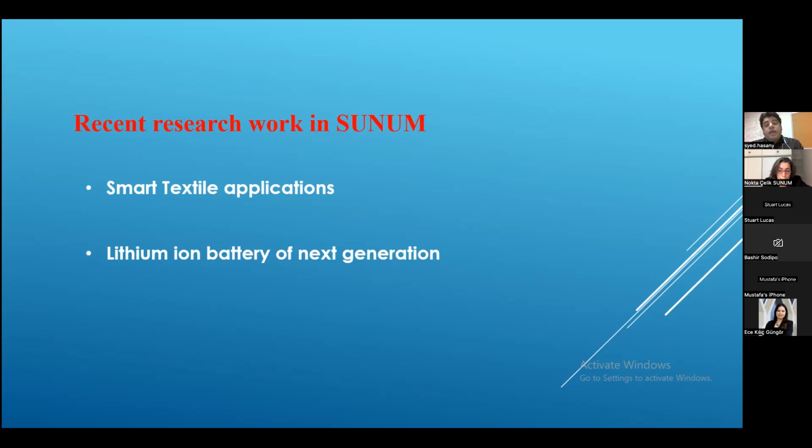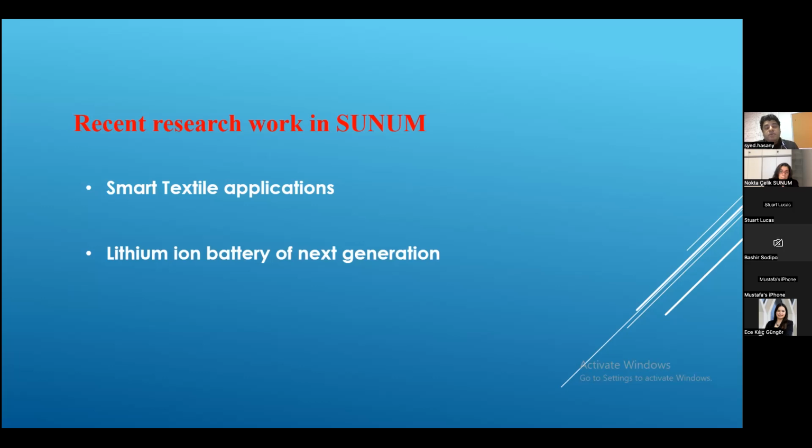Secondly, I have started working with the Mutlu Akü battery producers in Turkey. We are focusing on developing anode material and different other applications for the next-generation lithium-ion batteries.